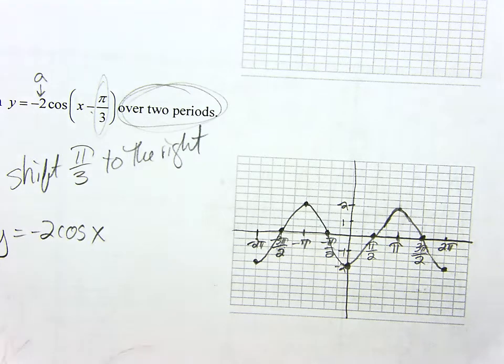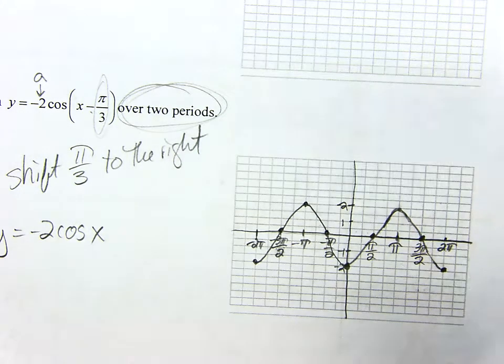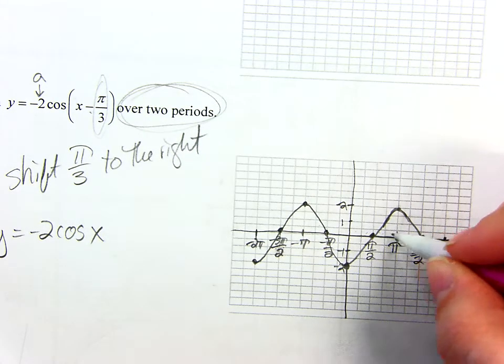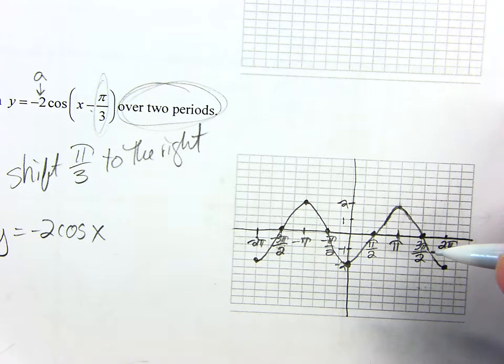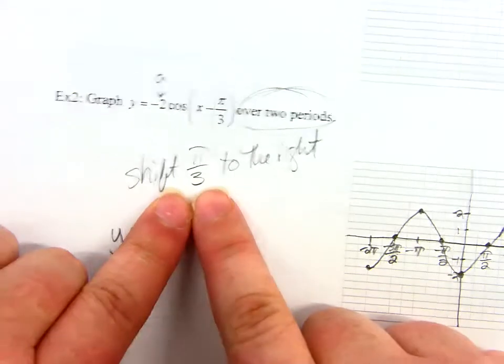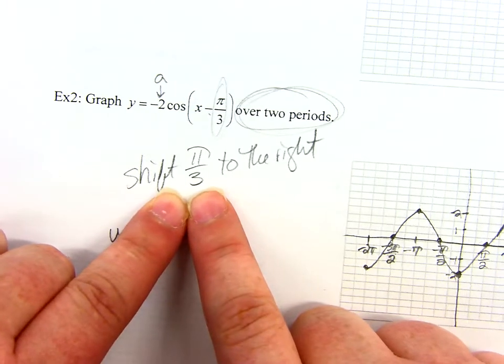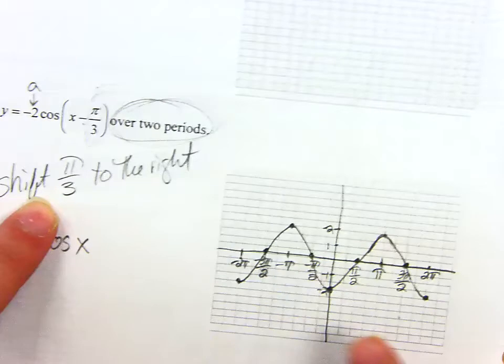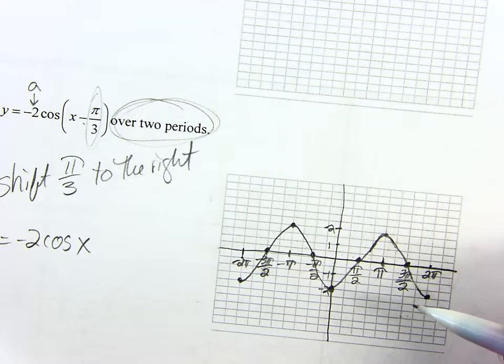Look at your grid. I have 4 boxes on my scale. 4 boxes represents pi. I need to move everything 1/3 pi to the right. So I need to go 1/3 of 4 boxes, which is a box and a third. And I shift them all to the right, a box and a third.